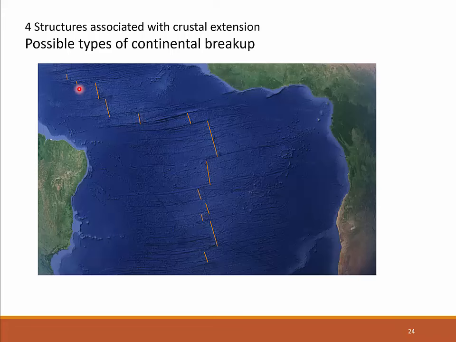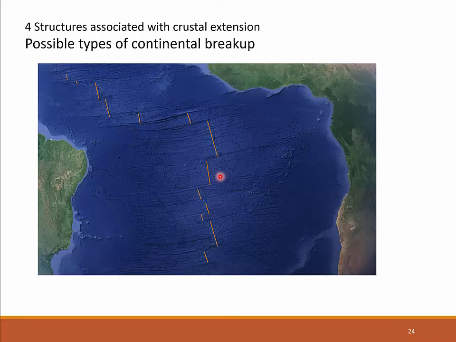The segments themselves sometimes are very short, sometimes they have a very substantial length along strike. These are the mid-oceanic ridge segments that used to be areas where the continental lithosphere was thinning out most strongly and where the continental lithosphere eventually broke apart.